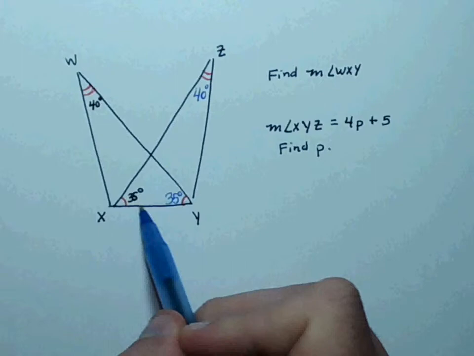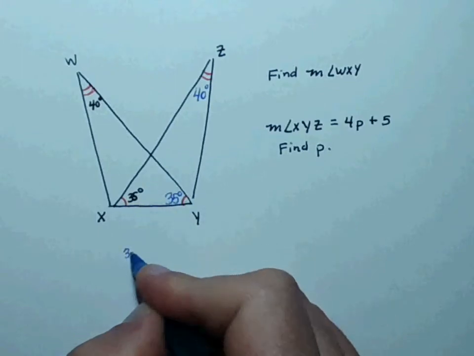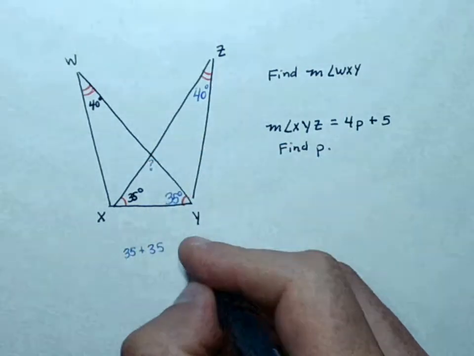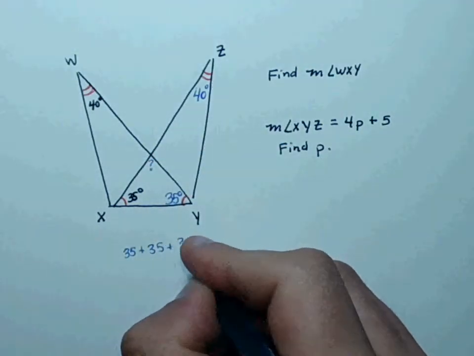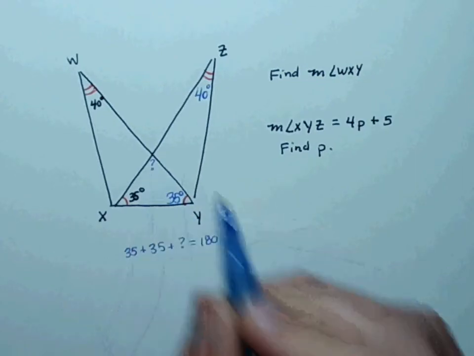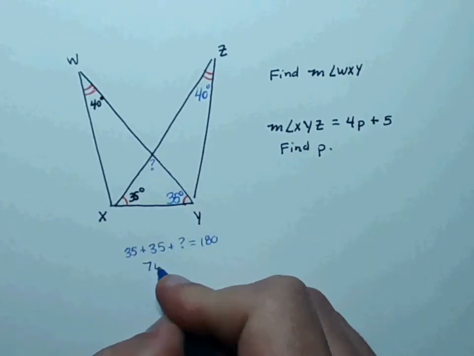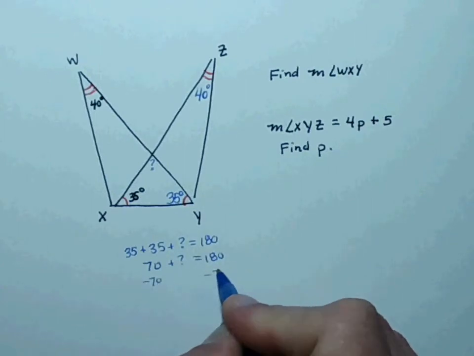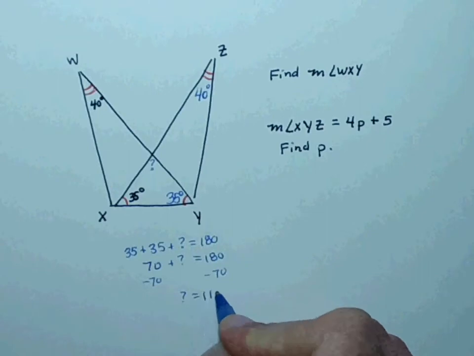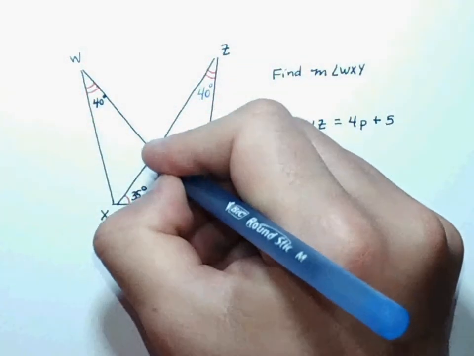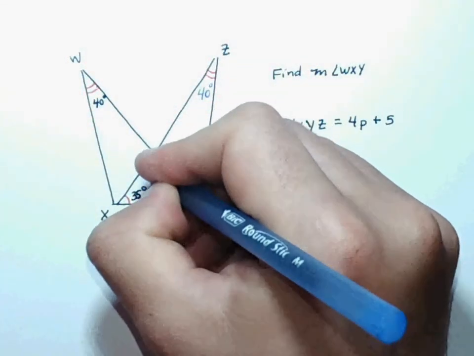So for this triangle, we know that 35 plus 35 plus whatever that angle is equals 180. So let's find the measure of that angle. Say 70 plus whatever that is equals 180, so 180 minus 70. Okay? So we know that the measure of this angle is 110 degrees.